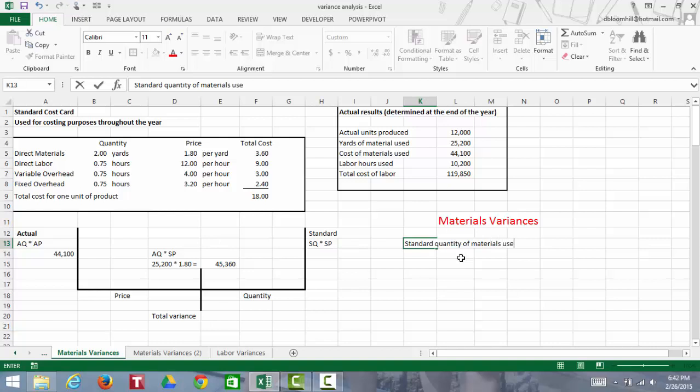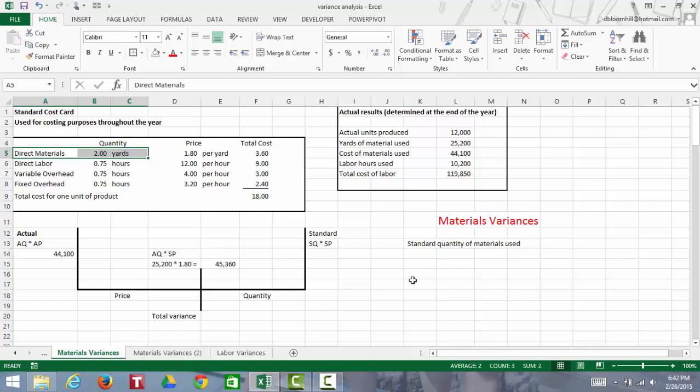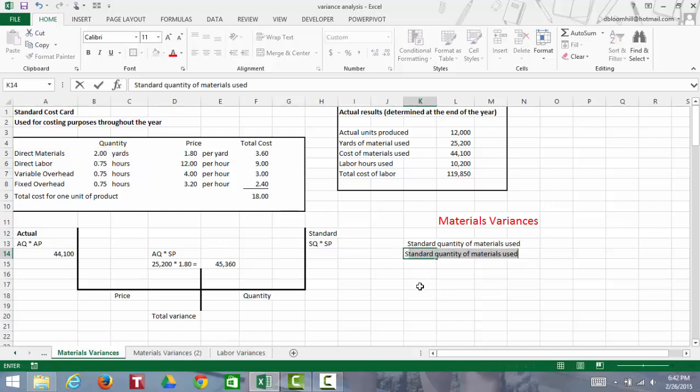of materials used. So we're going to go to the standard cost card. And we notice from the standard cost card that our standard for materials is 2 yards for 1 unit of output.